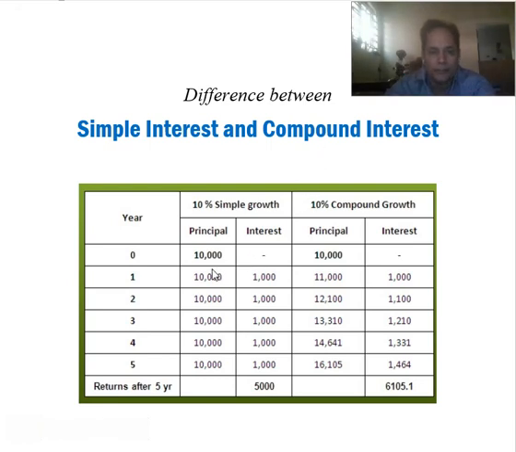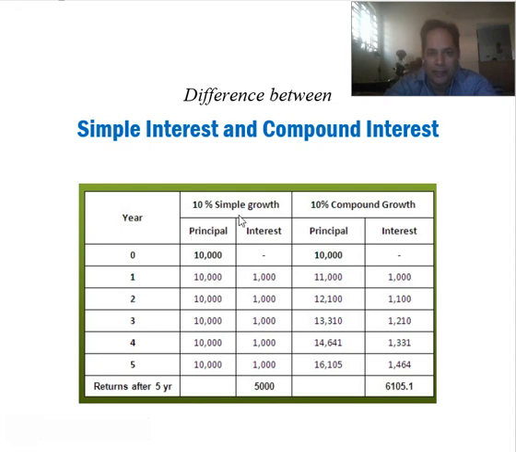Okay, so after second year, you will get again 10% of 10,000, which is again 1,000. And after second year, again 10% of 10,000 is 1,000.